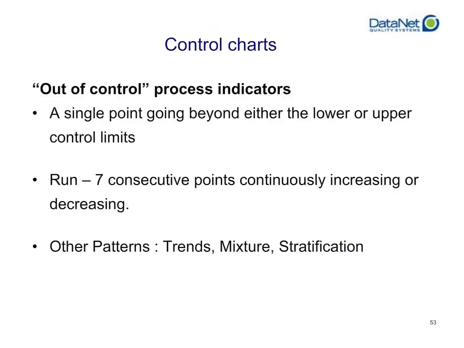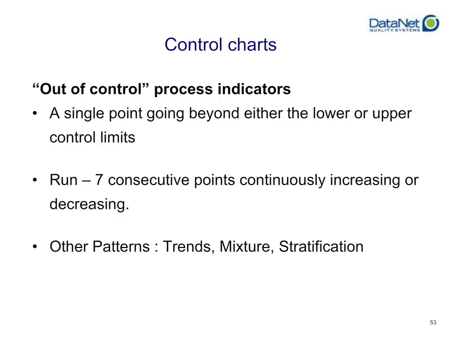Since control charts are designed to help us control our process, the question is, what defines an out-of-control process? Some of these things could be or include a single point going beyond either the lower or upper control limits.